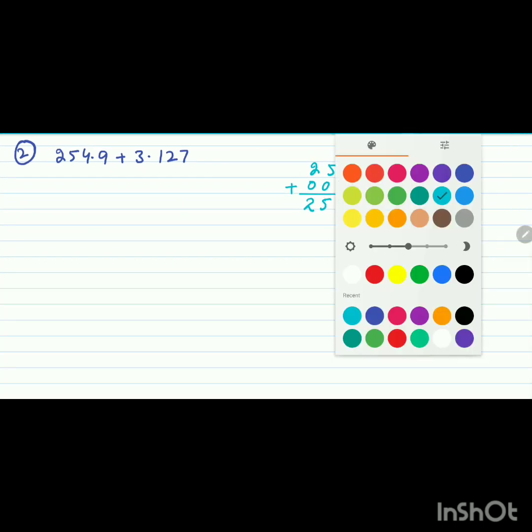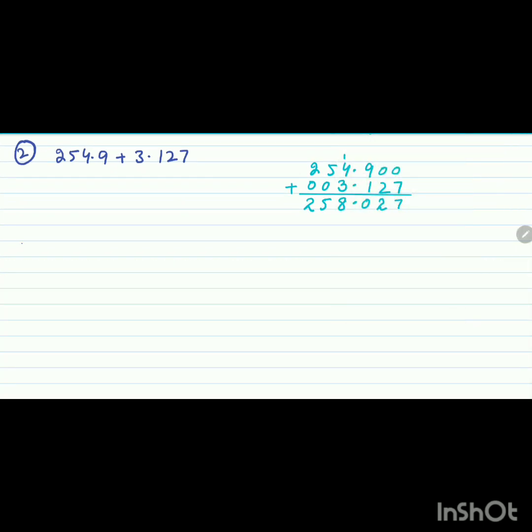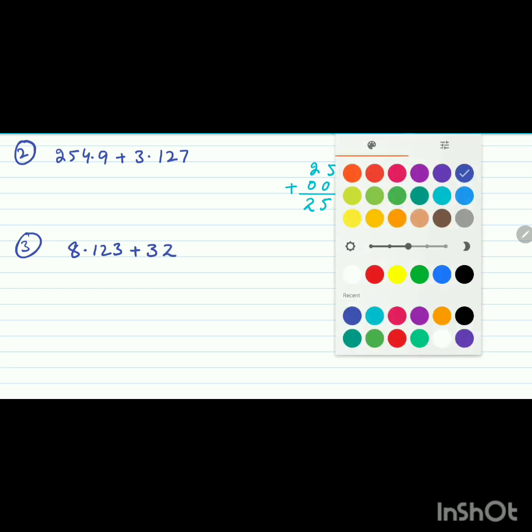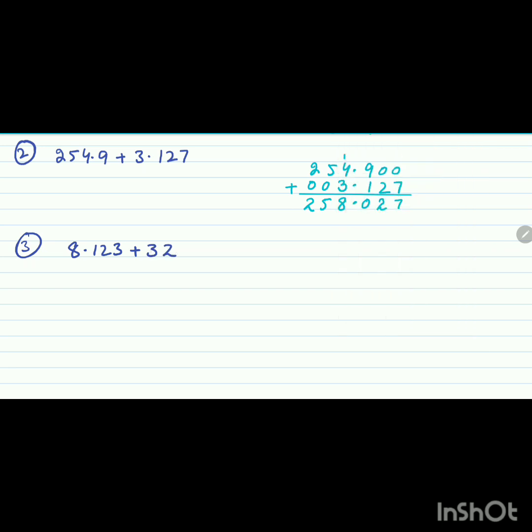Next question. Let's take 8.123 plus 32. Now how do we write the numbers and how do we align the decimal? You will write 8.123.